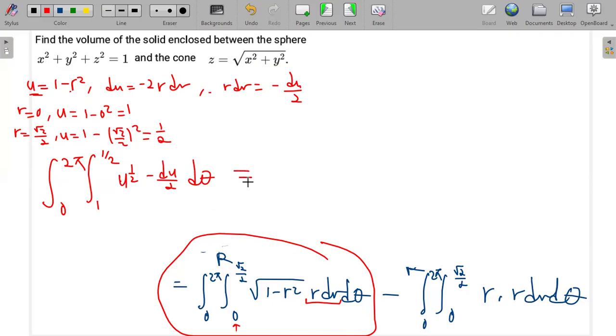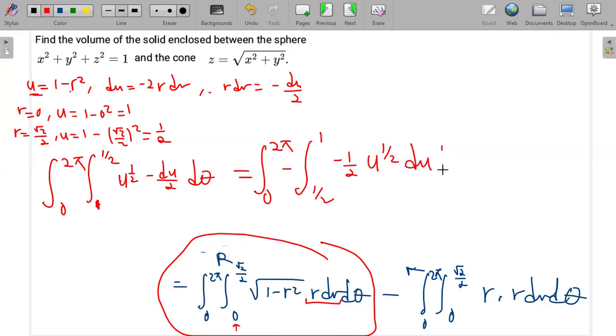Here we have an improper integral because we're going from a bigger number to a smaller number. It always has to be from a smaller number to a bigger number, so we switch these limits. When we switch those limits, we introduce a negative in front. So it will be minus, and then half to 1, and then I have minus 1 over 2 u to the power 1 over 2 du d theta. I've forgotten the du.